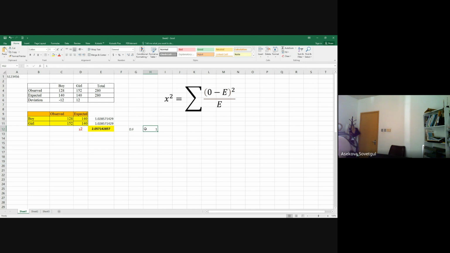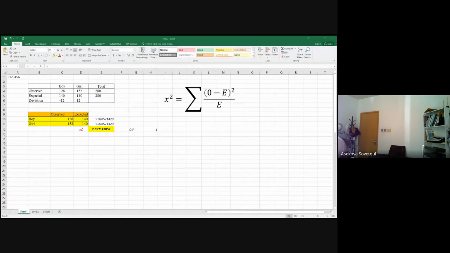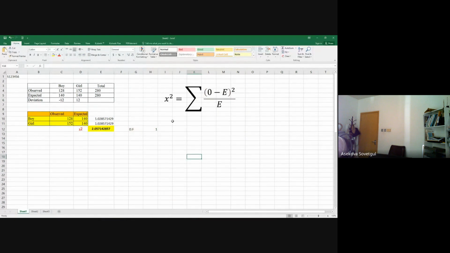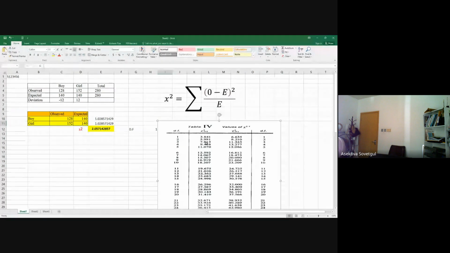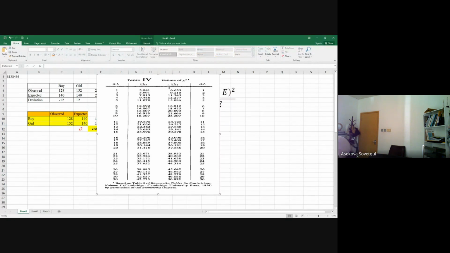The simple way here is that we can use the chi-square table, which I will bring here. Let me copy. Okay, this is our chi-square table. So for the degrees of freedom, for the alpha significance cut point of 0.05, the value is 3.8.